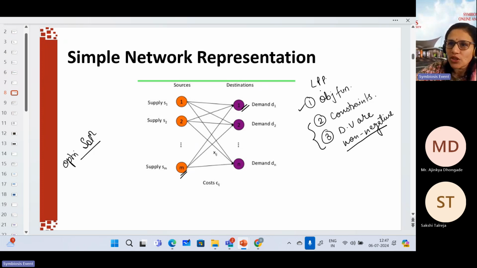But here in the transportation problem, it is related to the transportation cost. So definitely my objective function is to minimize your cost, right? So I need to find out how many units are to be transported, and second, how much is the cost involved in it. Therefore, what is my total cost?